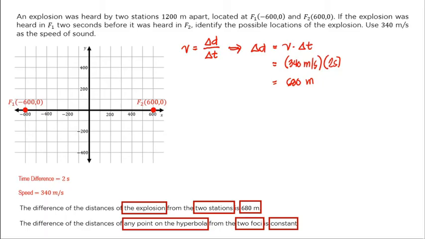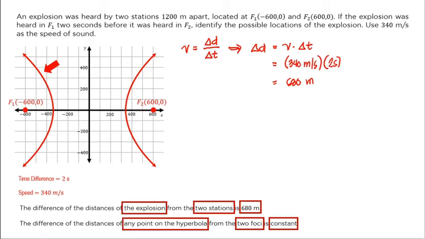Thus, the possible location of the explosion is anywhere along the left branch of the hyperbola. Why the left branch? Because the explosion was first heard in station 1, which is F sub 1. Therefore, the explosion must be near F sub 1. So the explosion is anywhere on the left branch of the hyperbola.